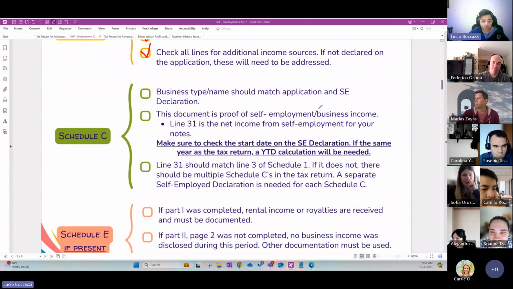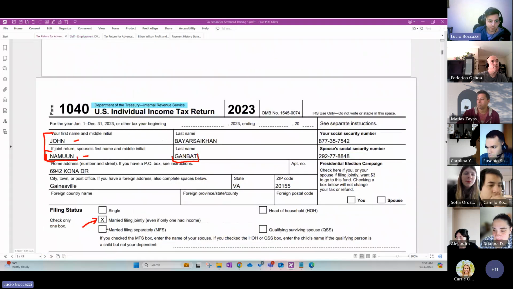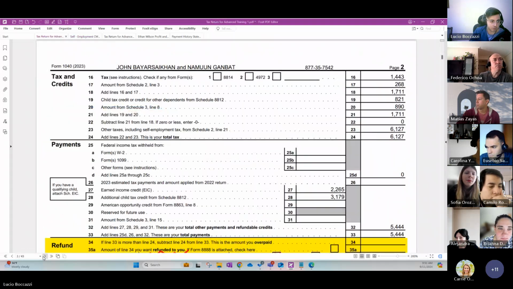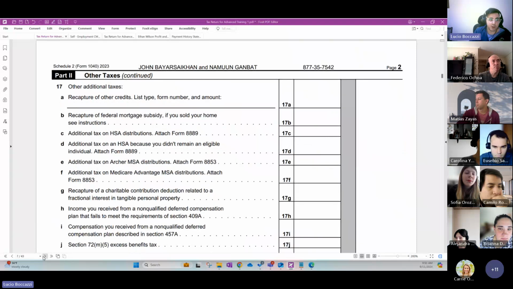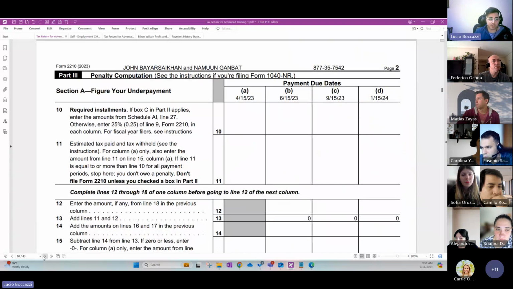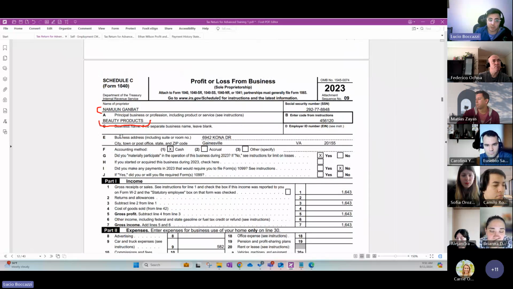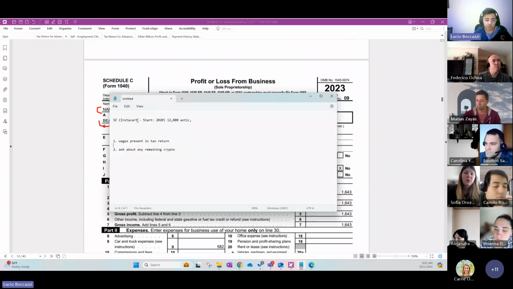awesome. So let's get into the good stuff that is actually related to the self-employment part. So we're going to take a look at the Schedule Cs now. So far we checked and we know that we're dealing with several, and so far what we see is that Namun actually declared one that was related to Instacart.